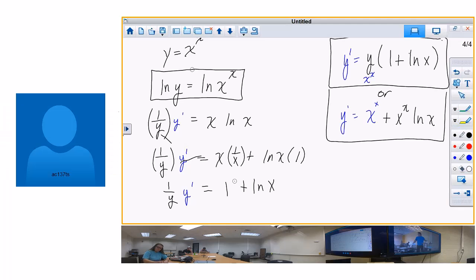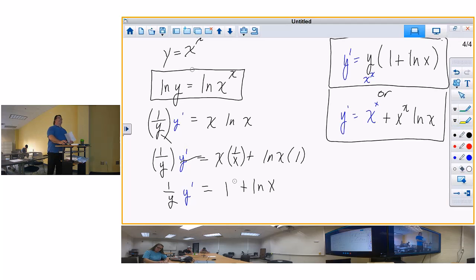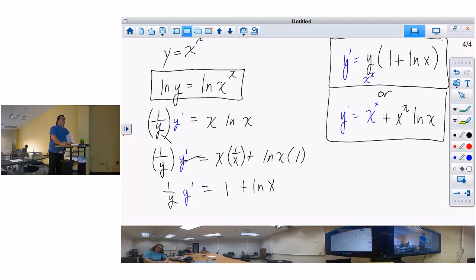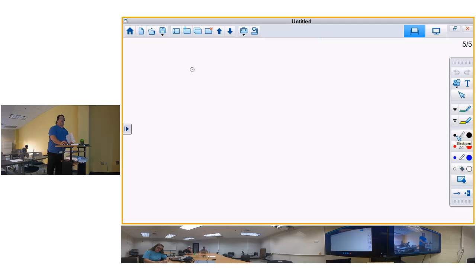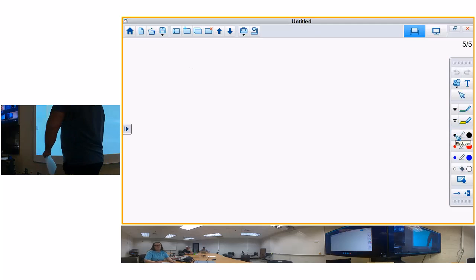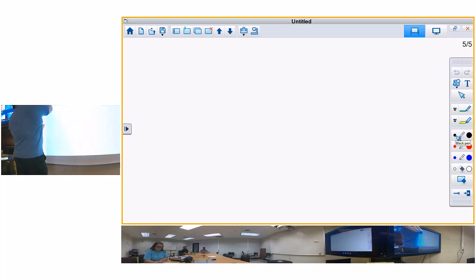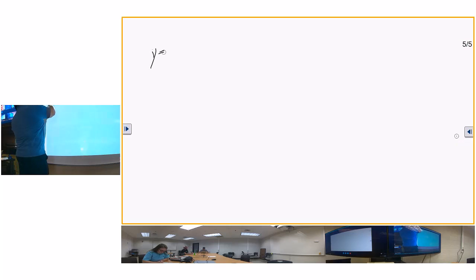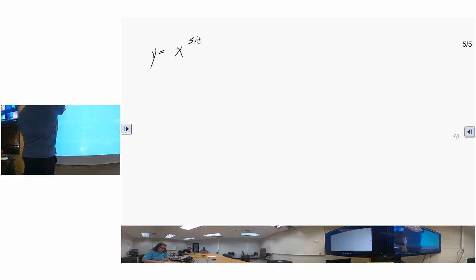Now let's throw a trig function in there. And again, the trig function is not going to do anything much different. Y is equal to x to the sine of x. And I want you to take the log of both sides. Y is equal to x to the sine of x.